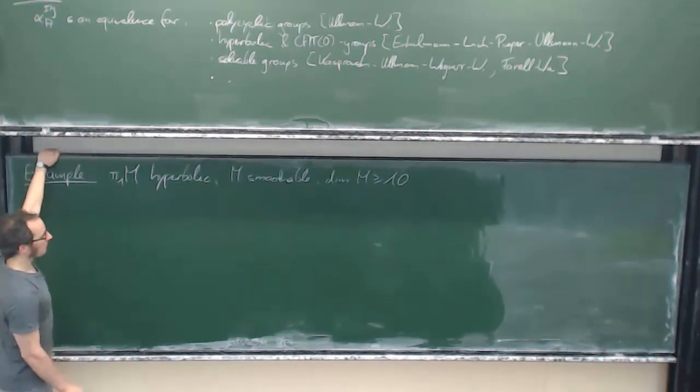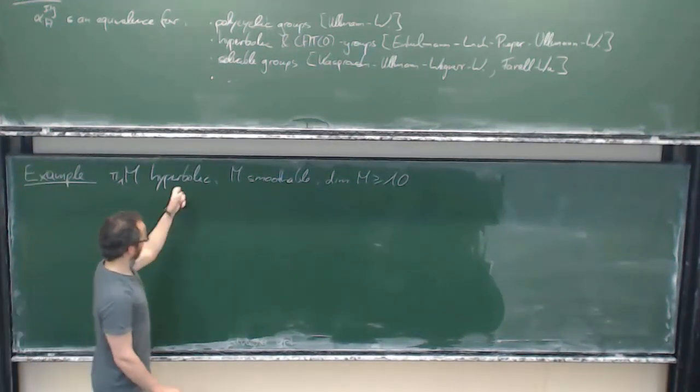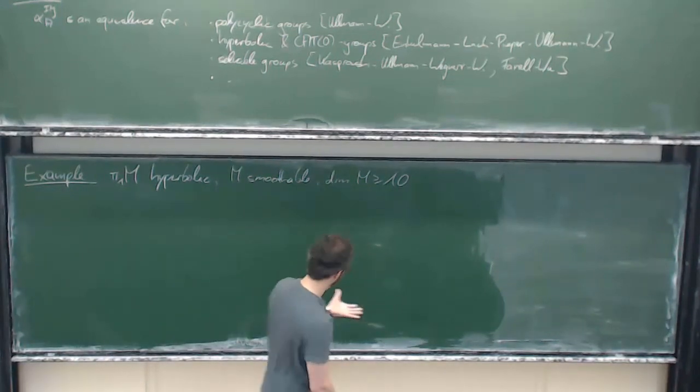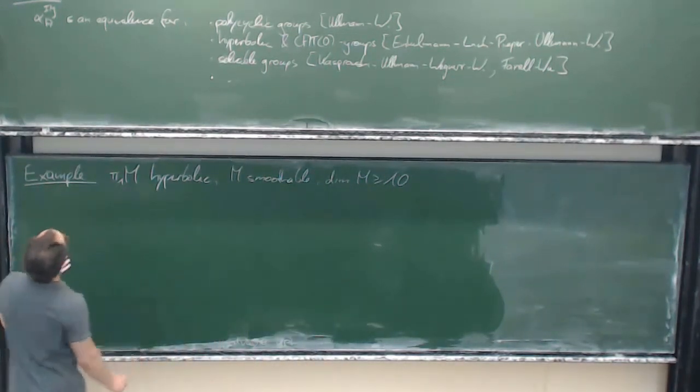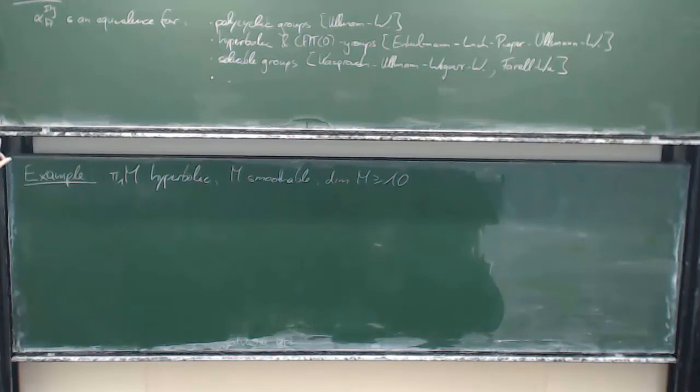And for a hyperbolic group, we are in a fairly nice situation because we have to compute this homotopy colimit up there.